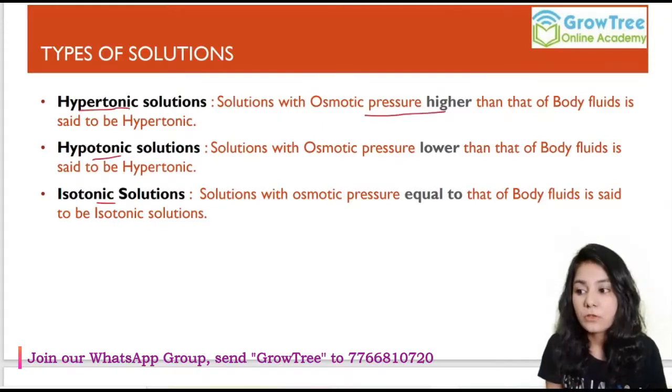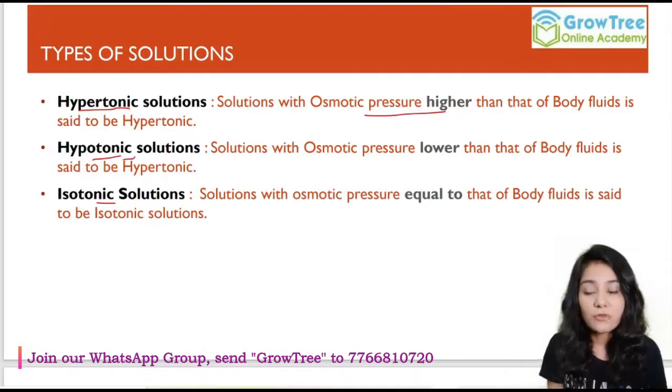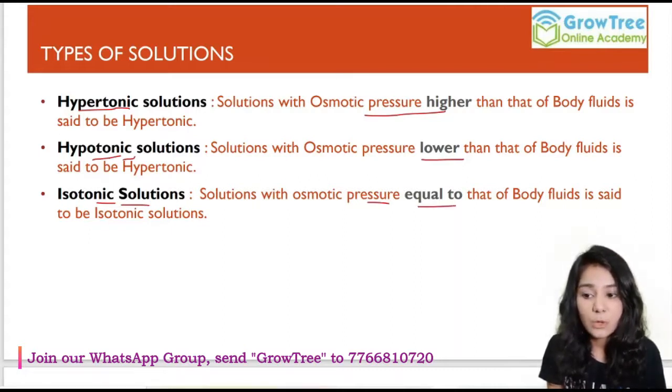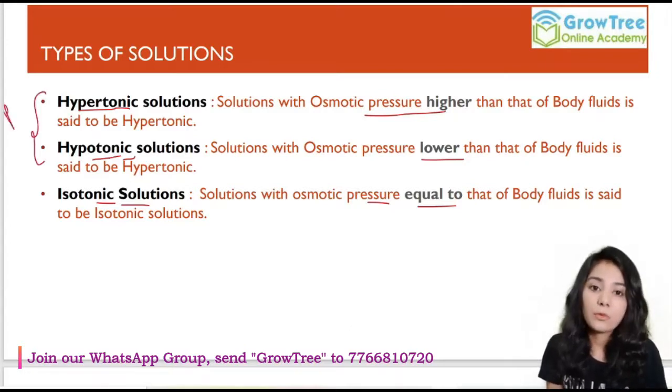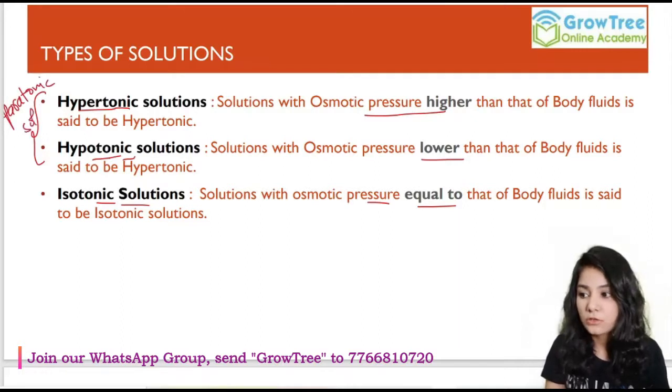Hypertonic solutions have an osmotic pressure higher than that of body fluids. In hypotonic solutions, the osmotic pressure is lower as compared to body fluids, and in isotonic solutions, the osmotic pressure is equal to that of body fluids. Hypertonic and hypotonic solutions are combinedly called paratonic solutions.